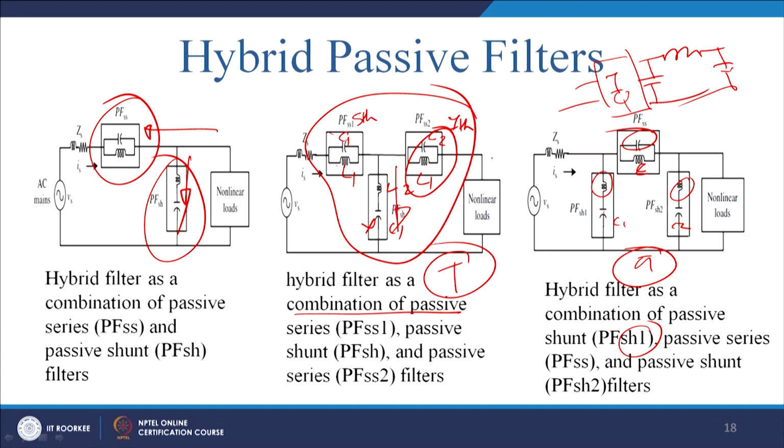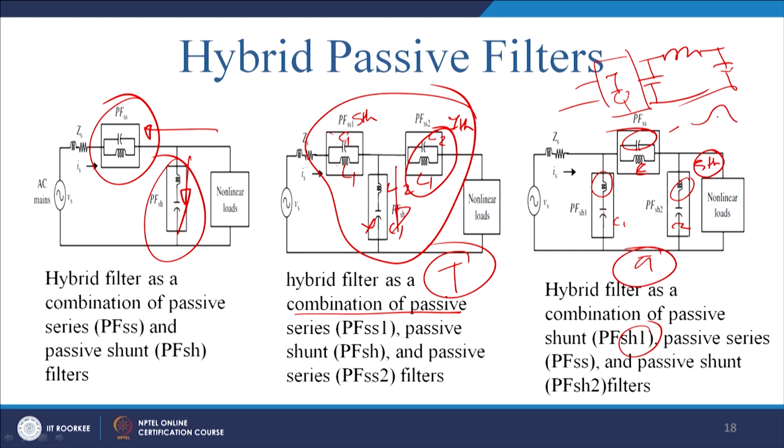Here we generally prefer this network over this, because you can provide, let us say this is a sink for the fifth harmonic, and it is a little bit of a band pass filter.